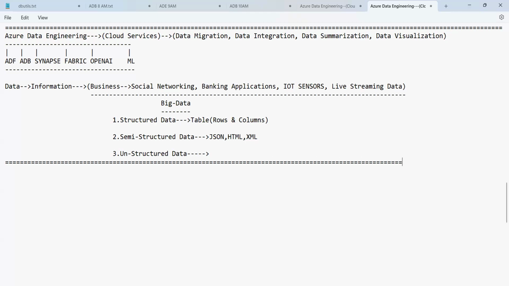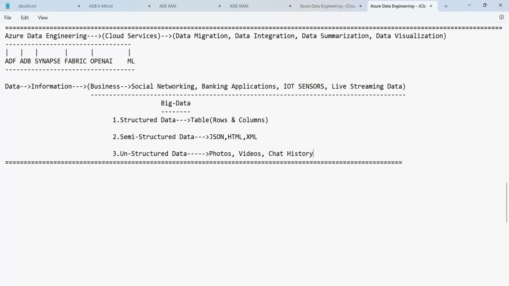Unstructured data can be photos, videos, and chat histories. All of this comes under unstructured data.